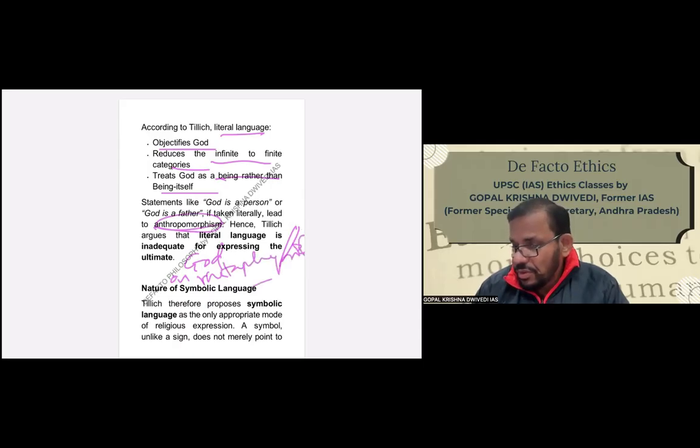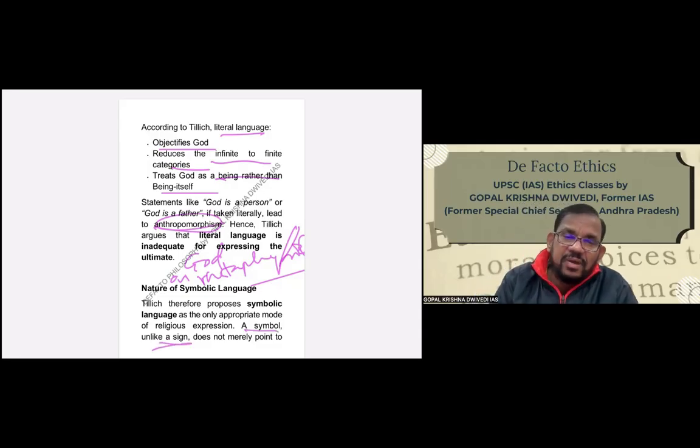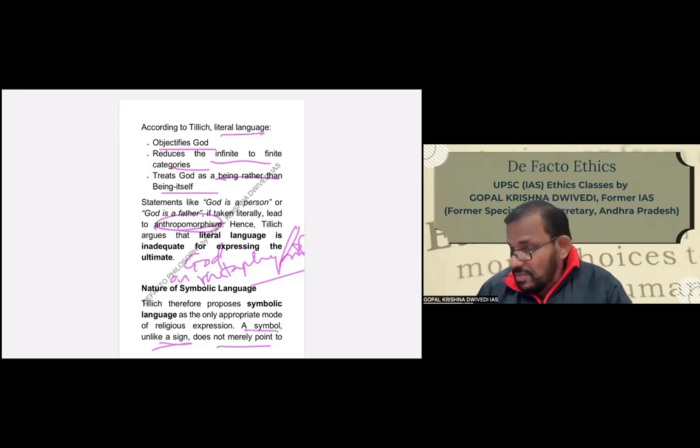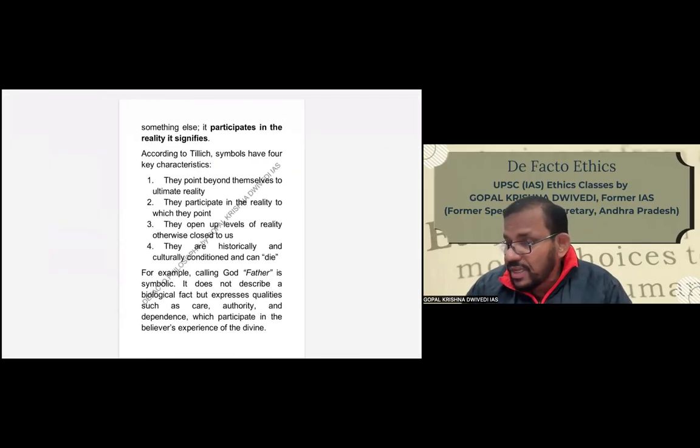So, according to him, the nature of religious language is symbolic, because this is the only appropriate mode of religious expression. A symbol, unlike a sign, because he differentiates between symbol and sign also, does not merely point to something else, it participates in the reality it signifies.